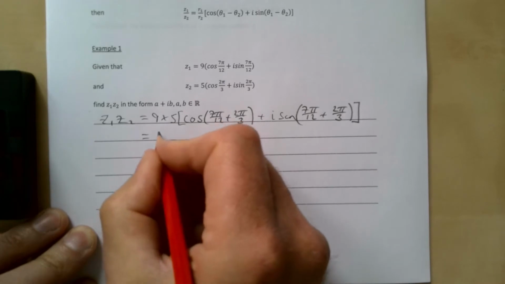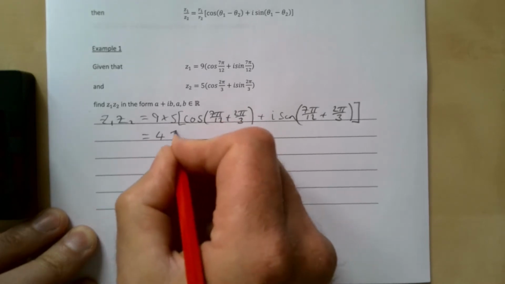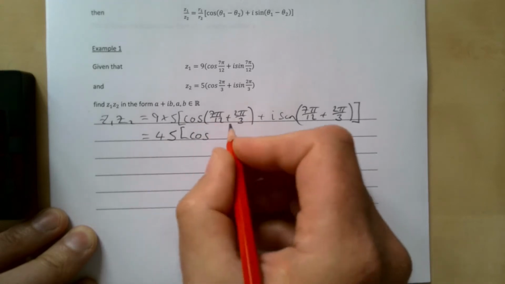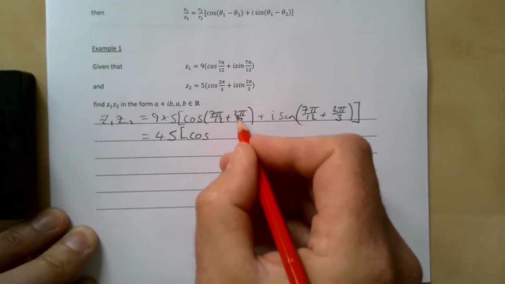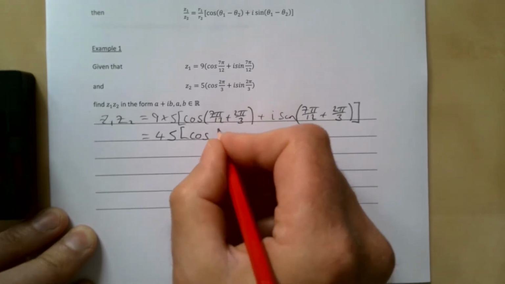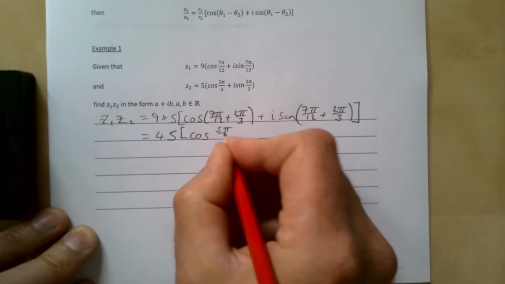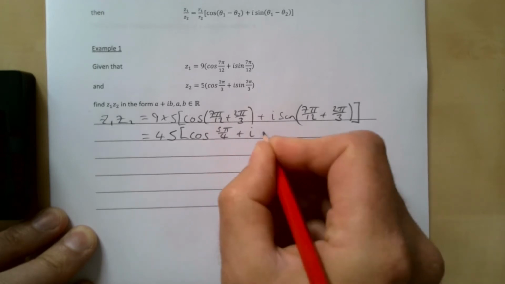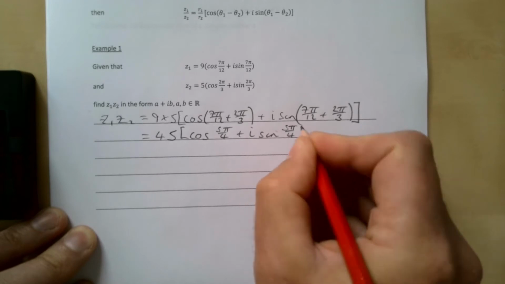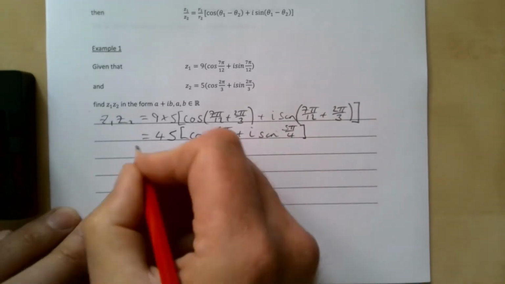If we start to tidy this up, 9 times 5 of course is 45. And that's going to cancel down. If you change those to a common denominator, you get 7 pi over 12 plus 8 pi over 12. Add them together, you get 15 pi over 12. And that changes into 5 pi over 4. So 45 (cos 5 pi over 4 plus i sine 5 pi over 4).